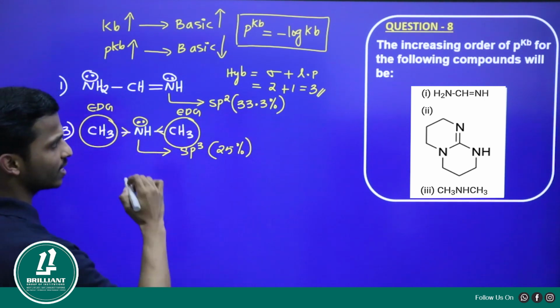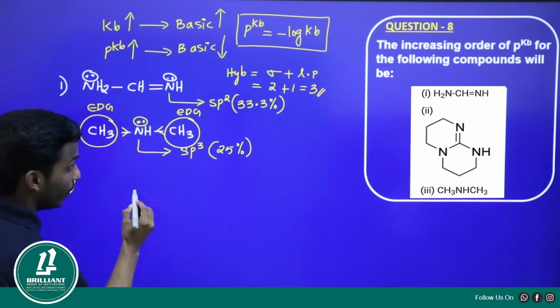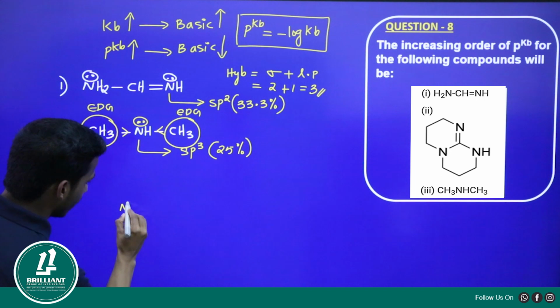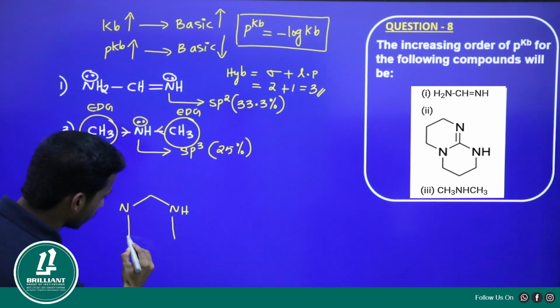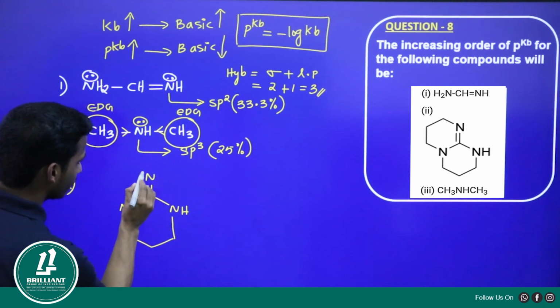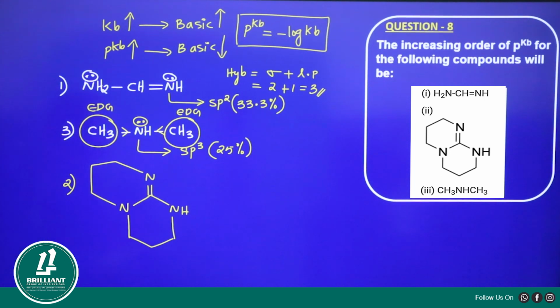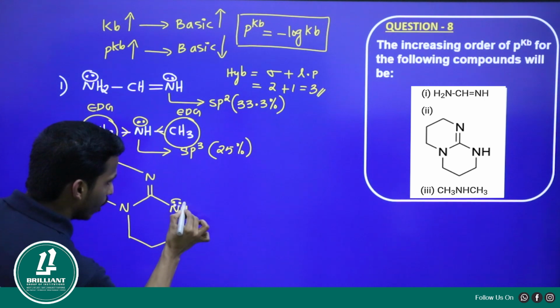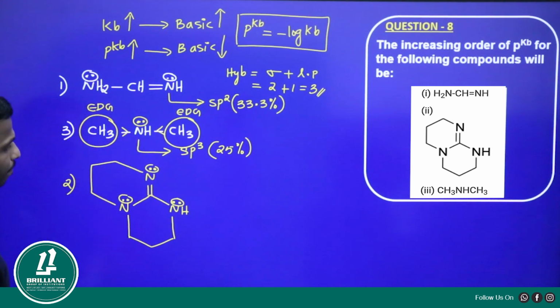Now let's come to the cyclic one. In the second structure, here we have the nitrogen NH and then a double bond N. This is the one given here, right? This nitrogen has a lone pair.